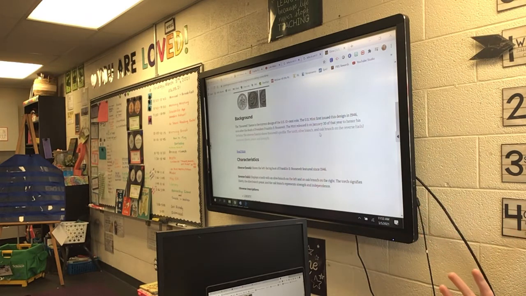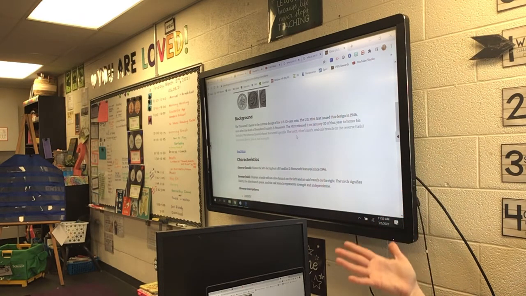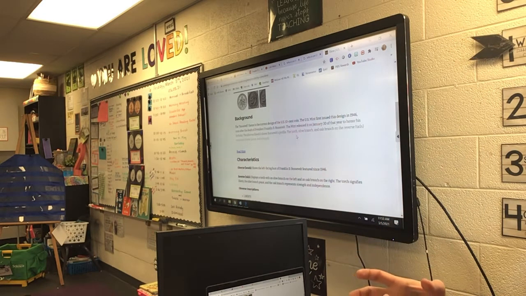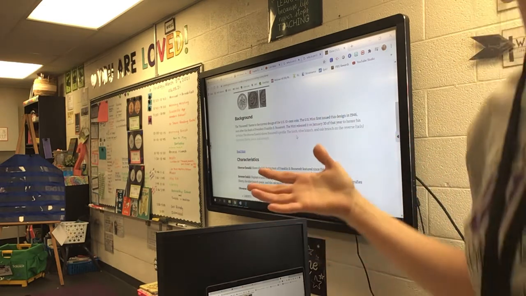So an olive branch means peace. So that's why they have the olive branch, and an oak branch too. Oak branch represents strength. So the olive branch is peace, and the oak one is strength, because oak is very strong. So our country wants to have peace and be strong.